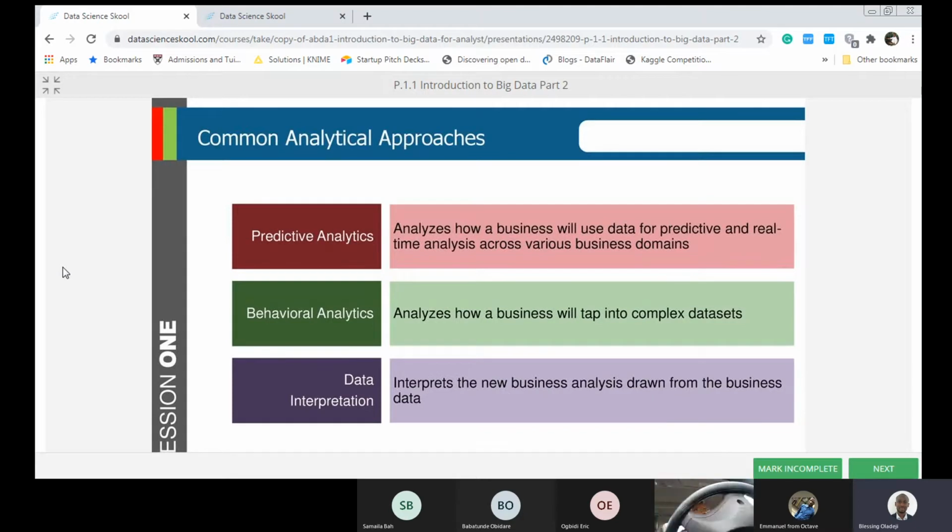For people that are very conversant, you probably have heard of descriptive analytics, predictive analytics, and prescriptive analytics. Descriptive means looking at data in a historical perspective in order to identify what has happened in the past. So you have descriptive analytics, trying to describe what has happened in the past.